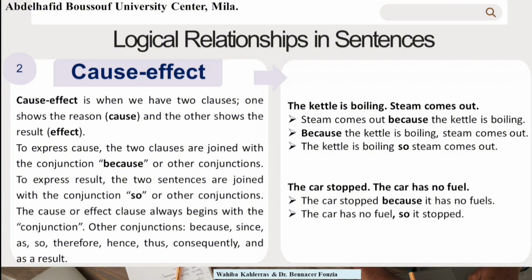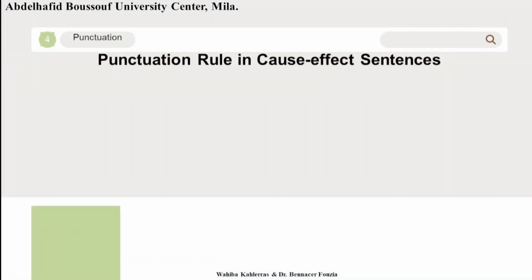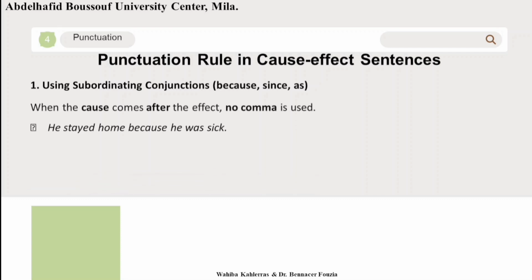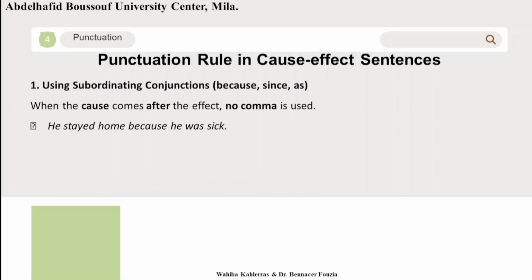We always come into the punctuation rule, and we have three rules here. Using subordinating conjunctions starting with because, since, and as, obviously, they express cause. When the cause comes after the effect, no comma is used. Let's have an example.